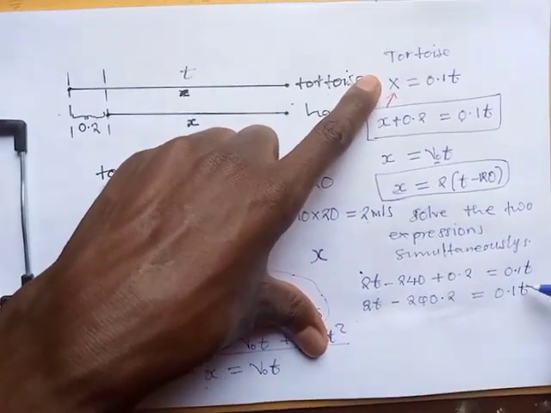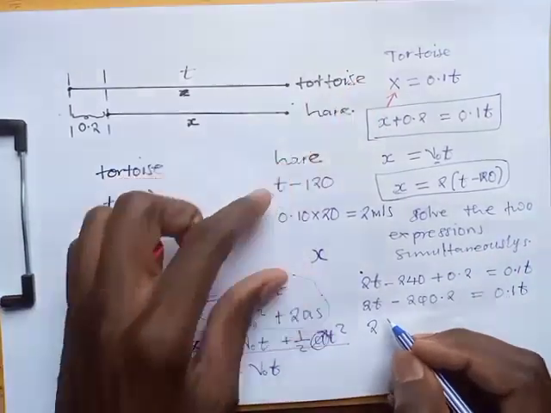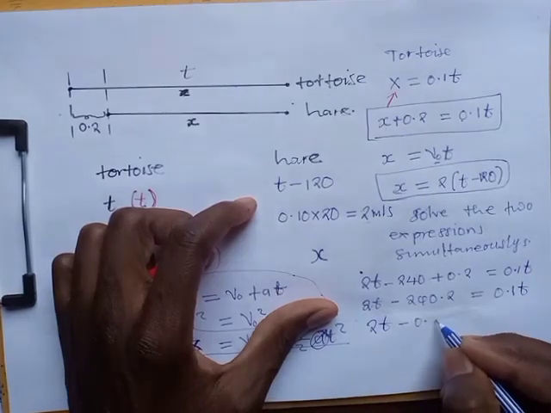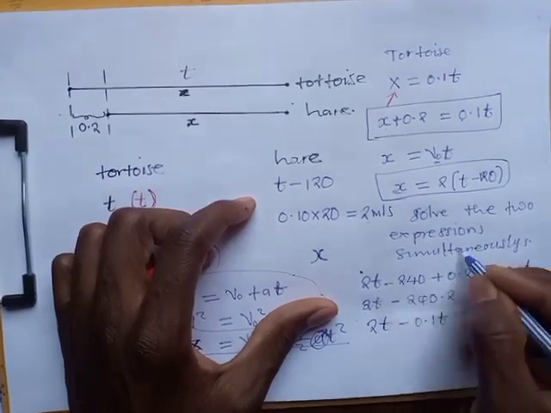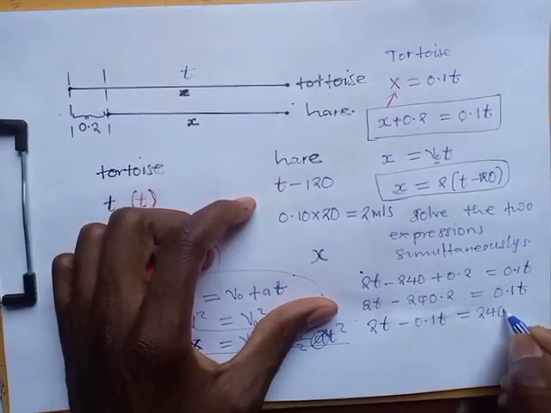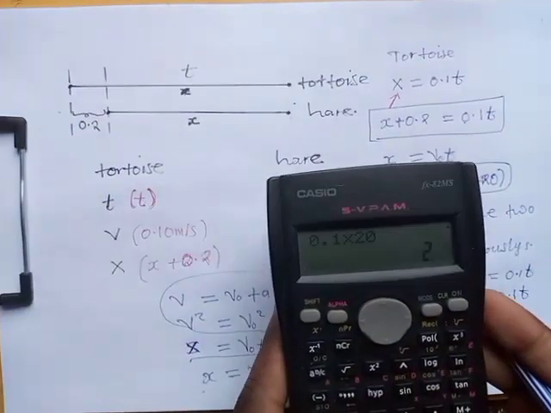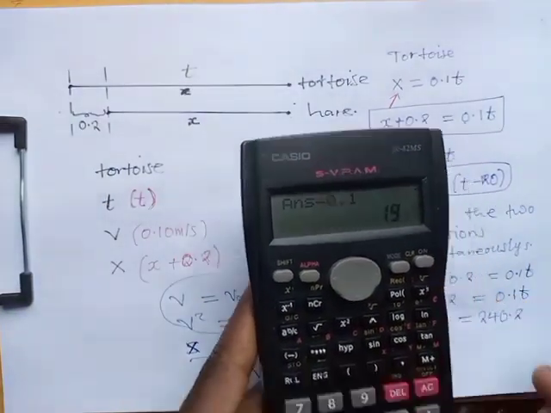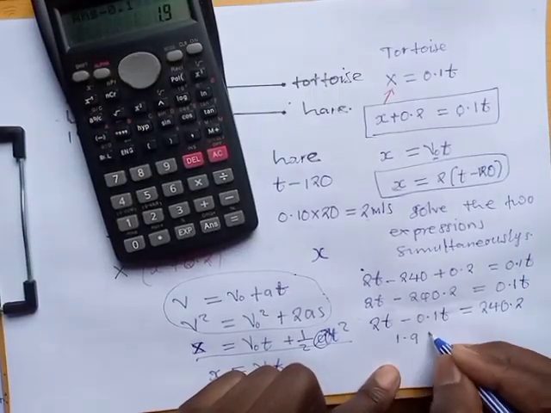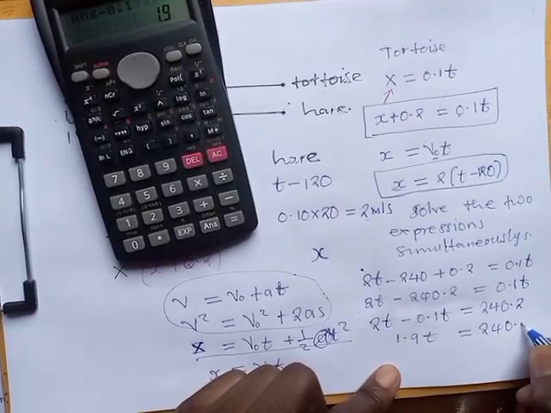So I'll take this one to my left hand side. We are going to have 2t minus 0.1 t. This one can go to my right hand side. We are going to have 240.2. So we subtract 2 minus 0.1. What answer are we getting? We are going to have 1.9 t, which is equal to 240.2.